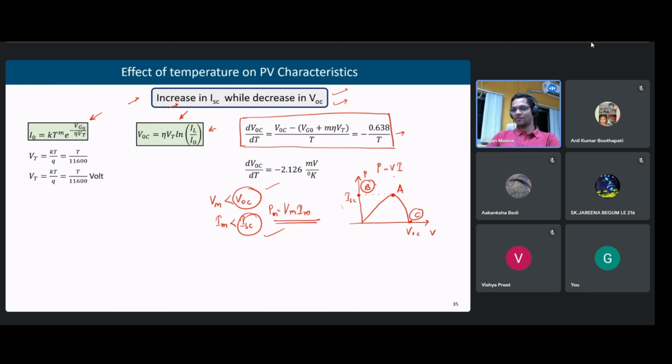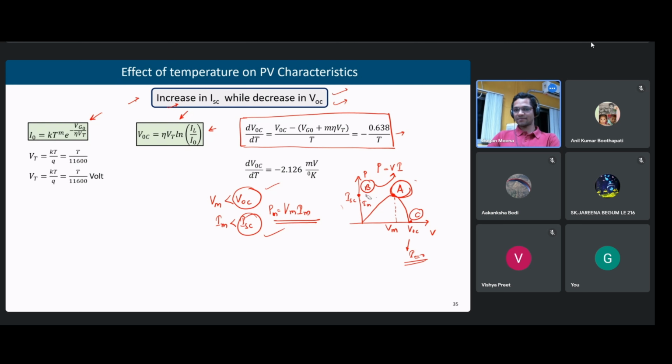Here voltage is zero. Here current is zero. The product is zero. We have the maximum somewhere in between. This is VOC, and this is the maximum. So this is the correct answer.